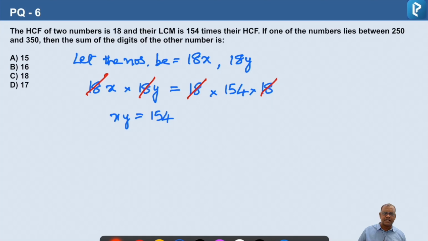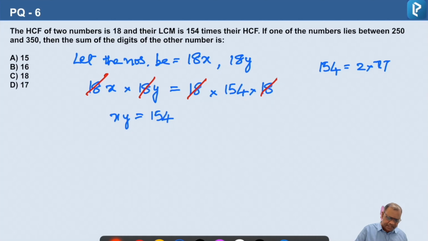So we should find the factors of 154 such that they are co-primes. If you take the prime factors of 154, it is 2 into 77.